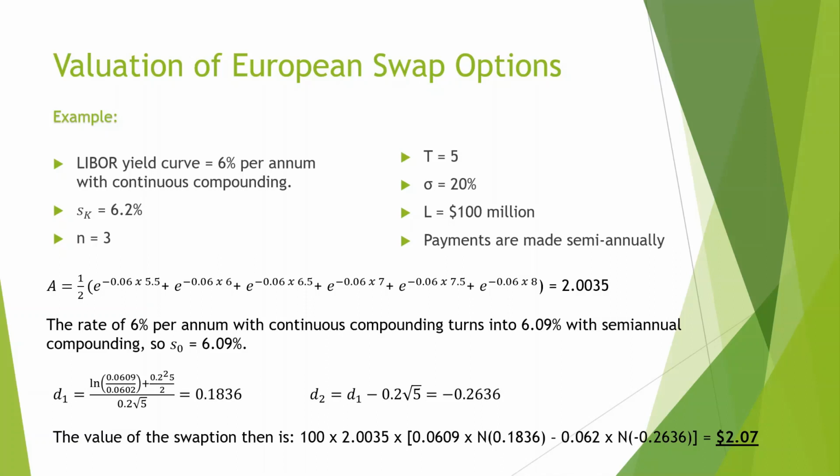The rate of 6% per annum with continuous compounding turns into 6.09% with semi-annual compounding, so S_0 becomes 6.09%, giving the values of d1 and d2 as 0.1836 and minus 0.2636 respectively. Then, the value of the swaption would be $2.07 using the equation mentioned before.